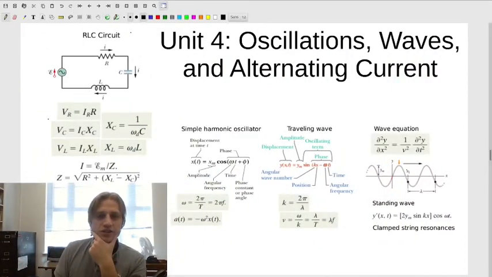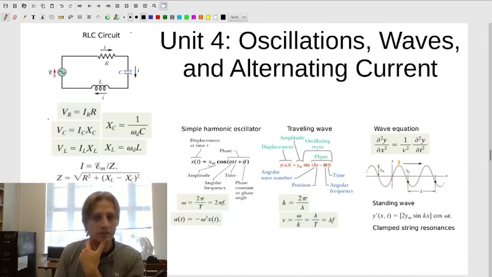Let's remind ourselves, what have we been talking about recently? We've been talking about AC circuits, and how not just the resistor but also the capacitor and the inductor change the current in the circuit. We have what we call the capacitive reactance and the inductive reactance, and they combine in this quantity called the impedance, which tells us how the current and the voltage amplitudes change.